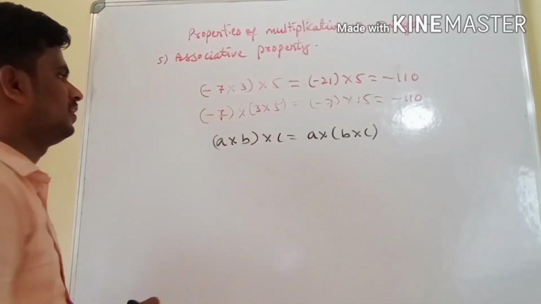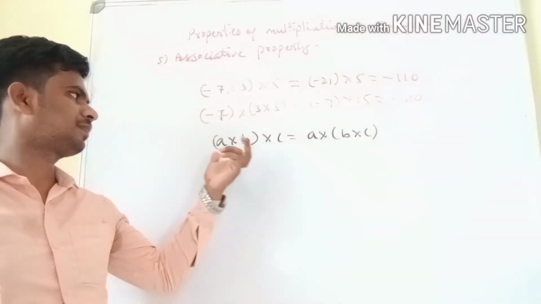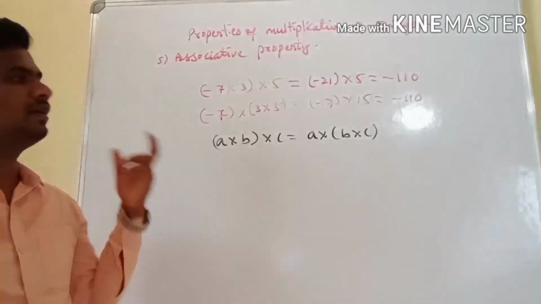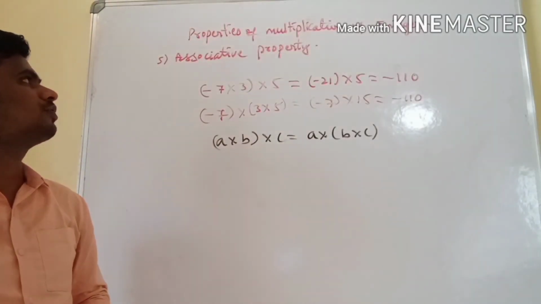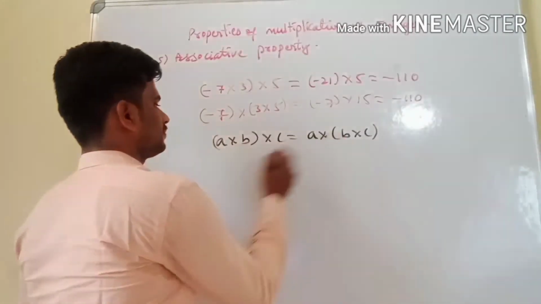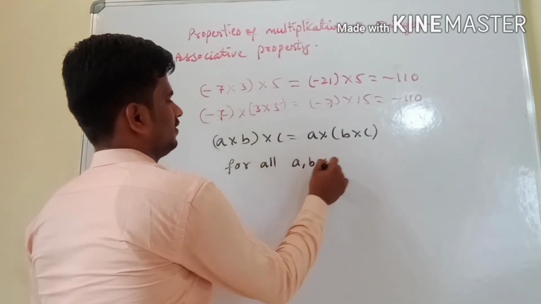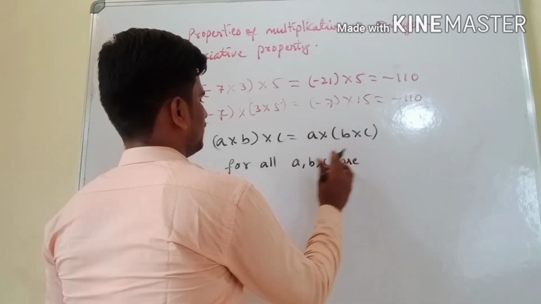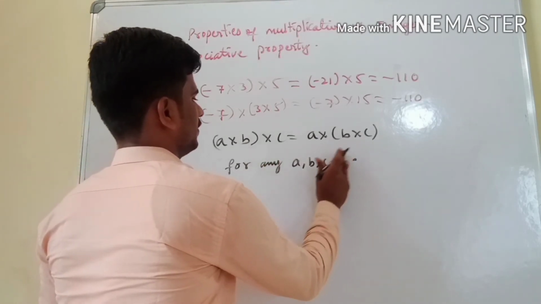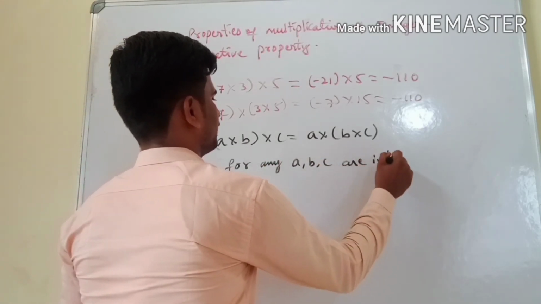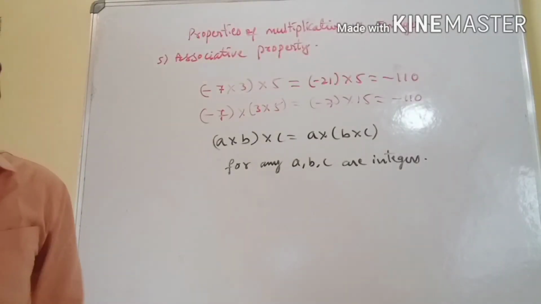That is, when you are going to multiply three integers, the grouping of terms does not matter. This is the associative property. You can write here, for any a, b, c that are integers. You can consider any integers. This is the associative property.